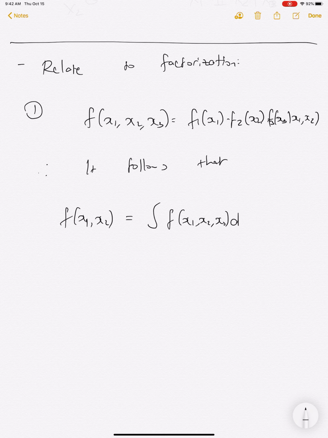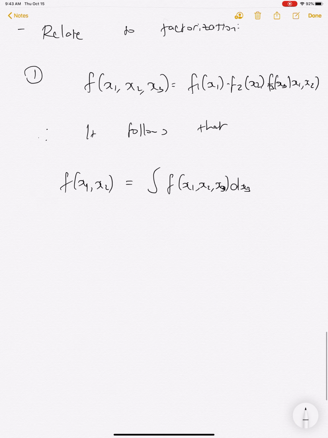So all I'm doing is showing you how to calculate joints, which is just you integrate over the other variable.